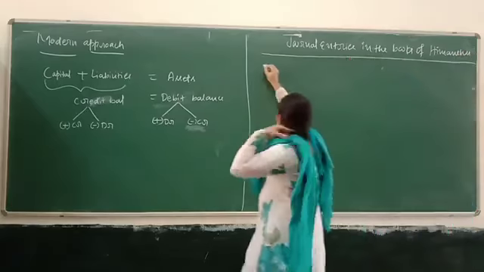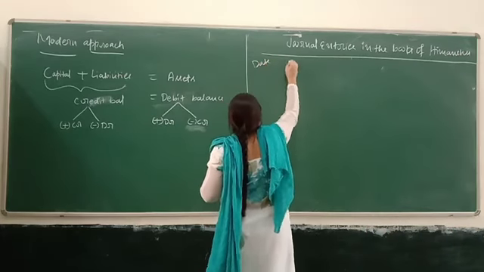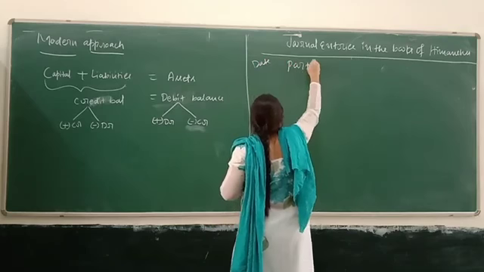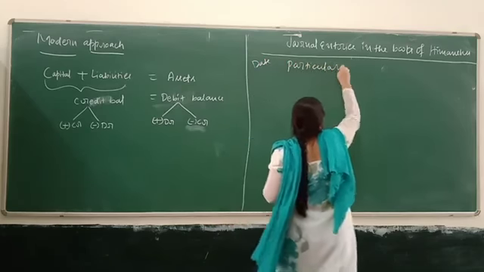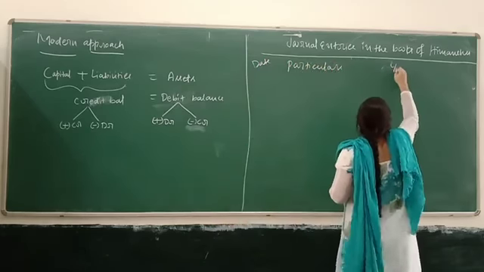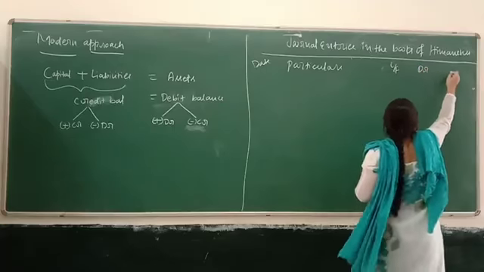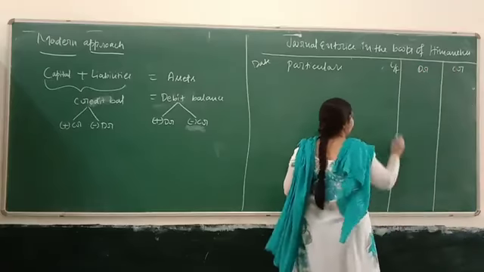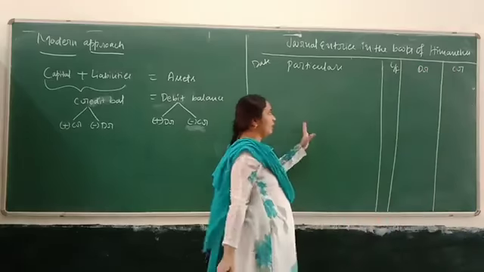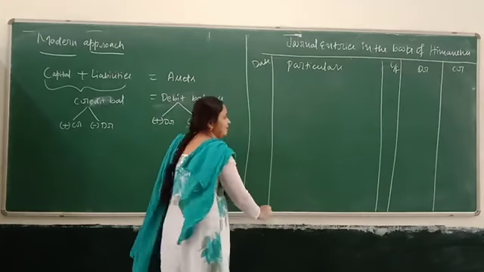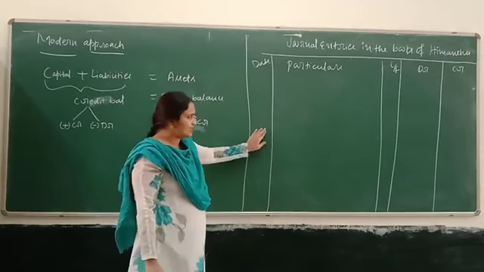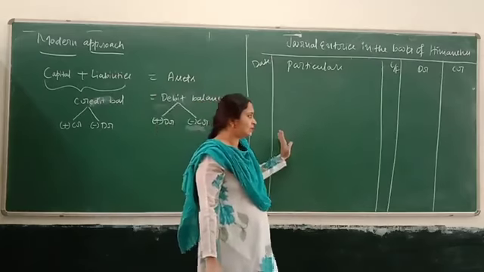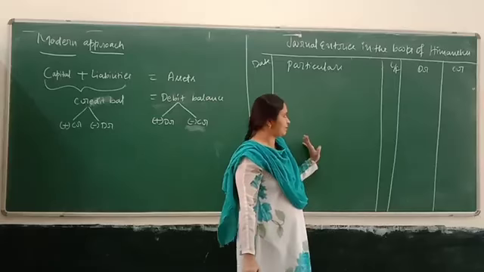Okay, so date, particulars, LF, debit, credit. DR stands for debit, CR stands for credit. As per your requirement, you can make the columns. For date, you can use less space. For particulars, take more space.